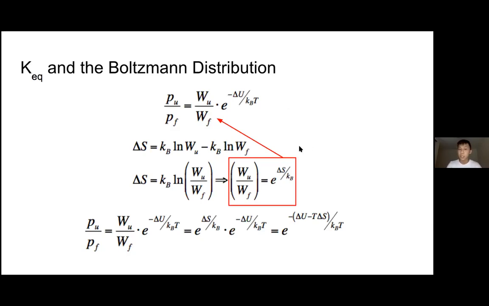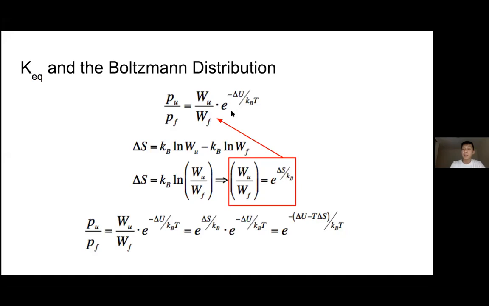So we only have two states, and the stoichiometric coefficients are 1. Then the equilibrium constant is just the concentration of unfolded protein divided by the concentration of folded protein. That's analogous to saying the probability that your protein's unfolded divided by the probability that your protein's folded, right? And if we account for the energy difference between those two states, you have this Boltzmann factor.